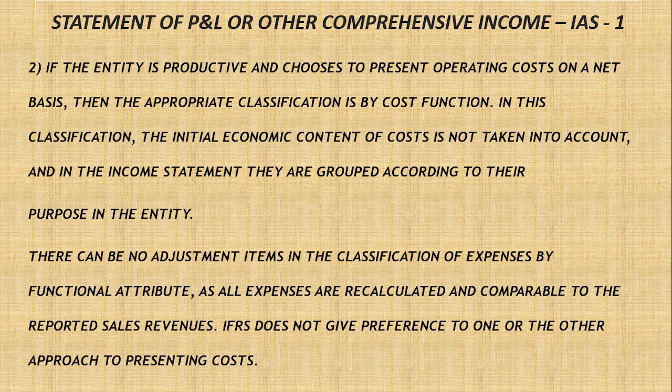There can be no adjustment items in the classification of expenses by functional attribute, as all expenses are recalculated and comparable to the reported sales revenues. So this is very important here, that all expenses are recalculated and comparable to the reported sales revenues, that's income.